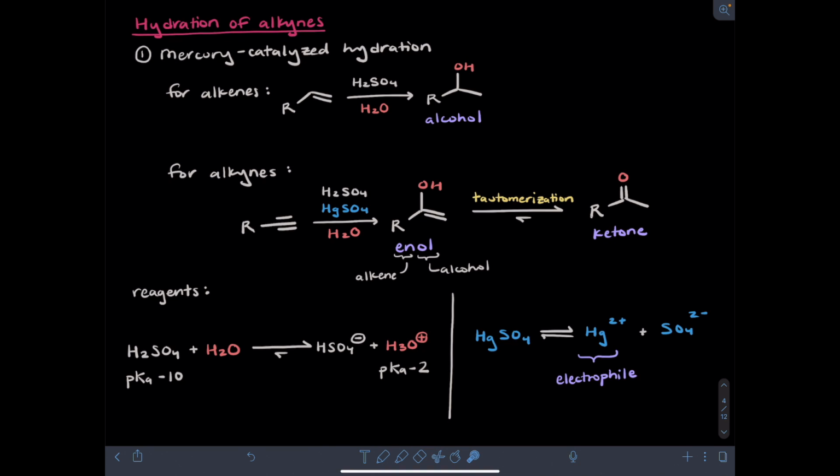In terms of the mercury reagent, mercury sulfate is a salt, and it can dissociate to form mercury in the 2+ oxidation state, and sulfate, SO4 2-. In the mechanism, we're going to use this mercury 2+ molecule as an electrophile.